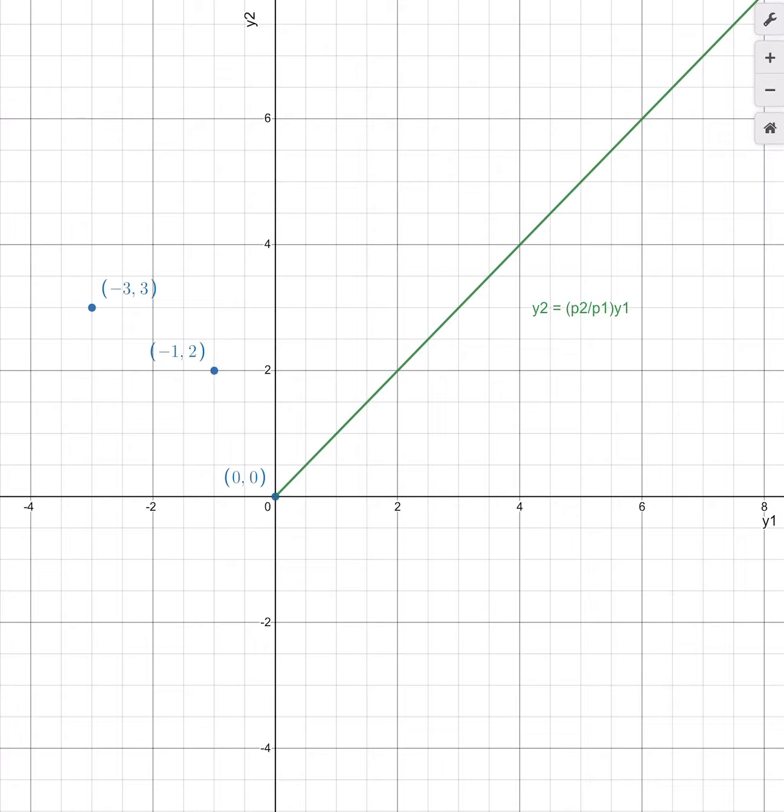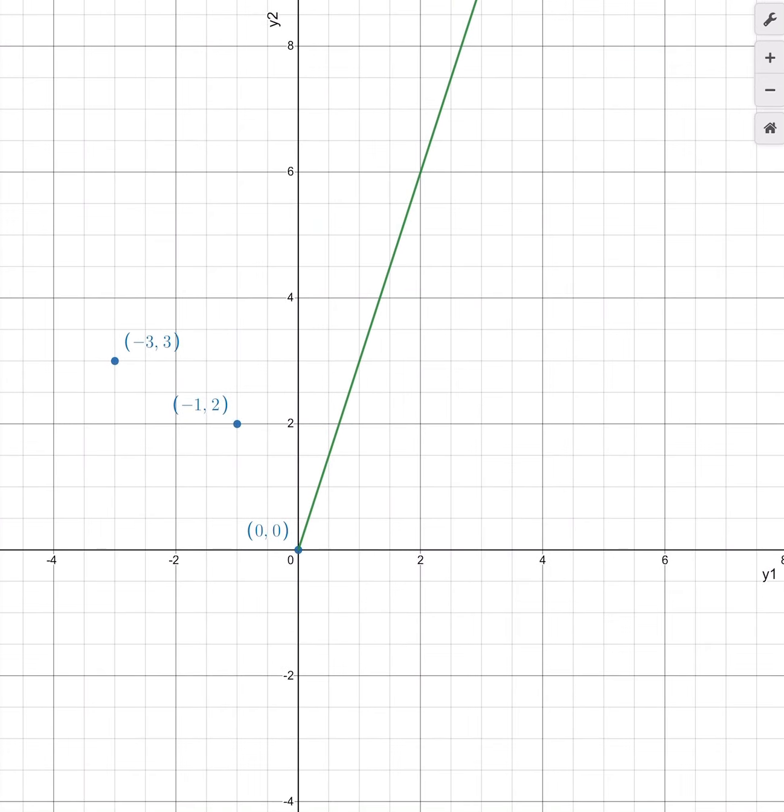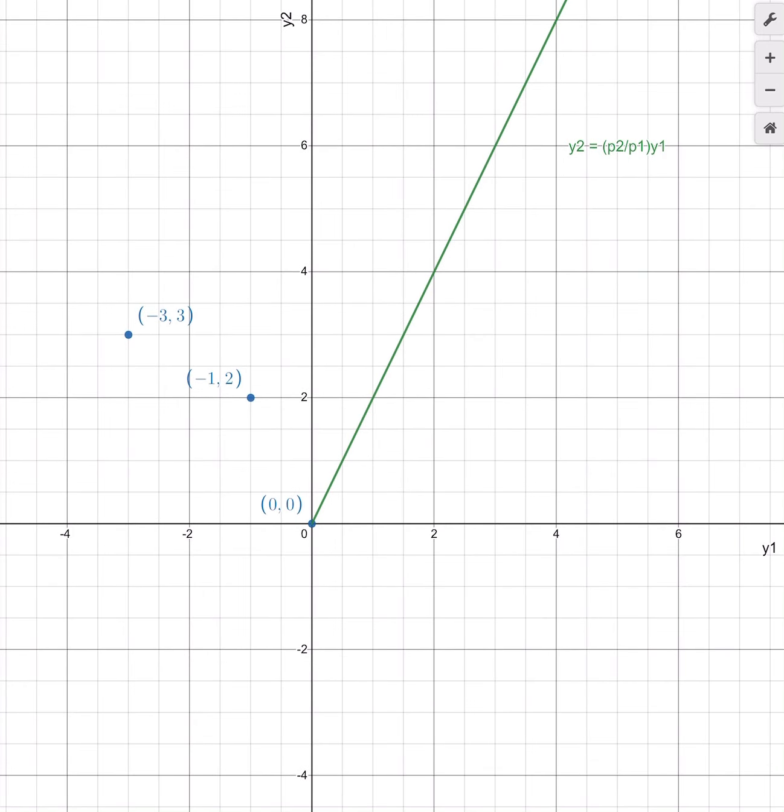Right now I have P2 over P1 equal to 1. If I increase P2 to 3 but keep P1 at 1, the line gets steeper. I can play with the values of P1 and P2 to get various slopes.